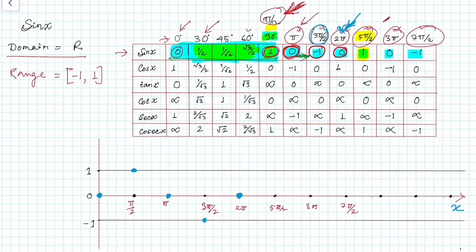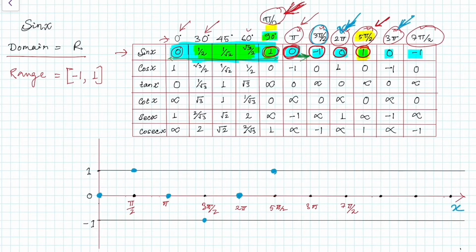Then at 5 pi by 2, it is again 1. So here this is 5 pi by 2 and its value is 1.